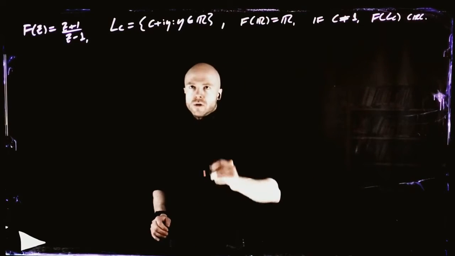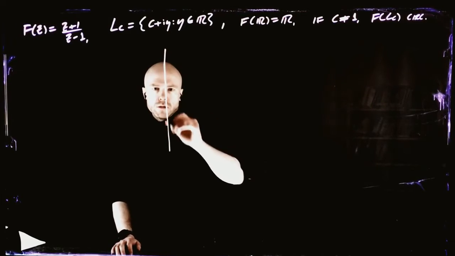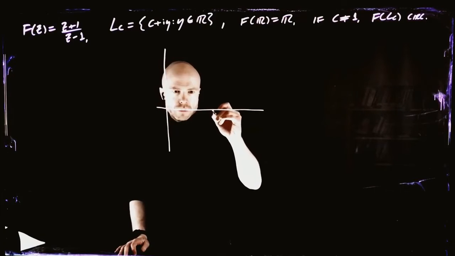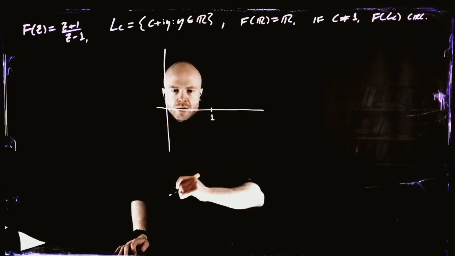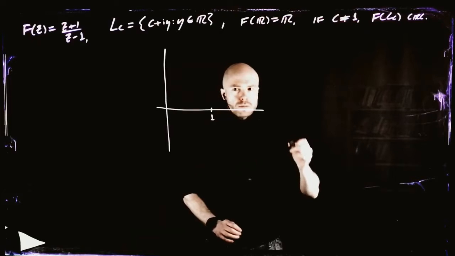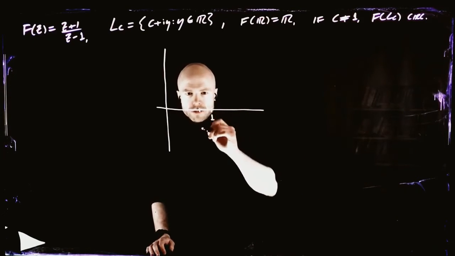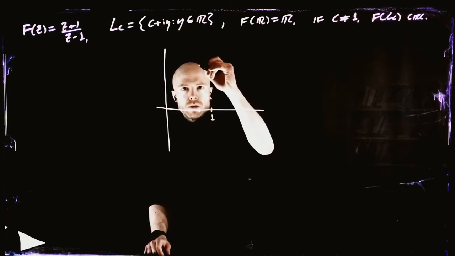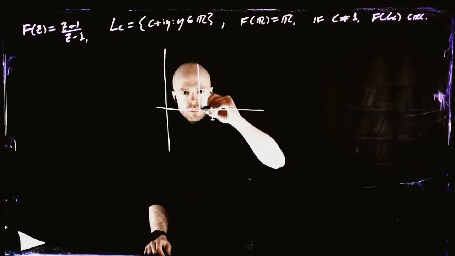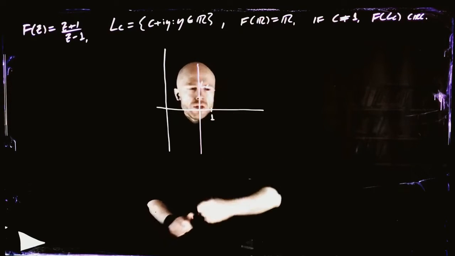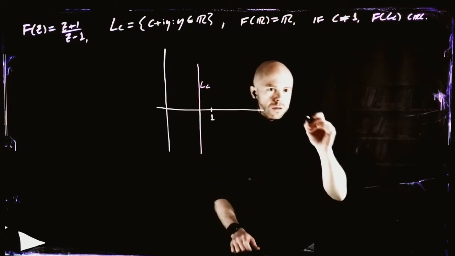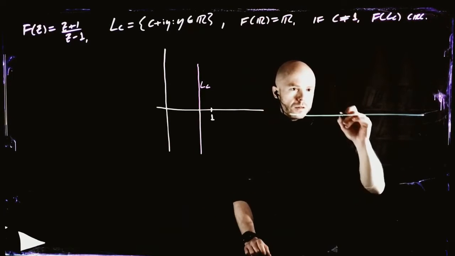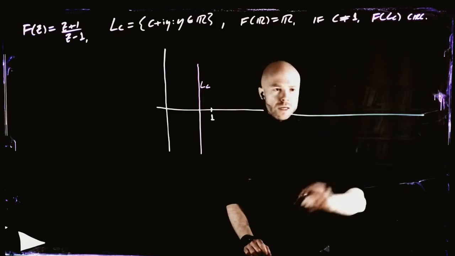Right? So let's draw a picture. This is 1, and let's take c to be less than 1. Just put the line somewhere. This is L of c, and we are mapping it to a circle.